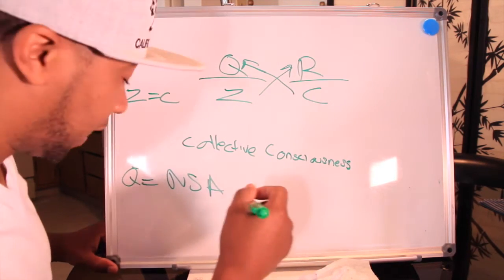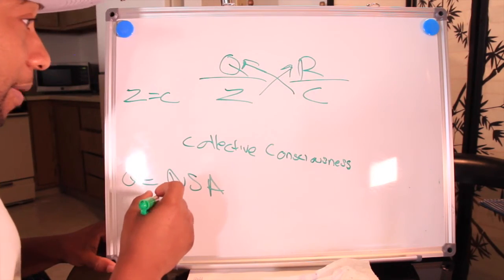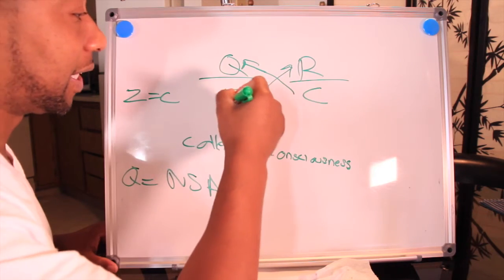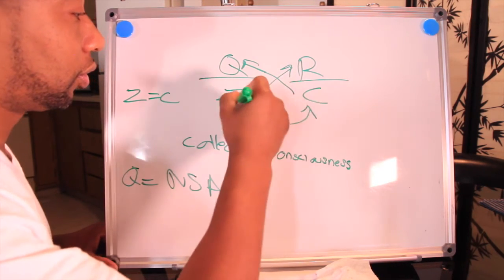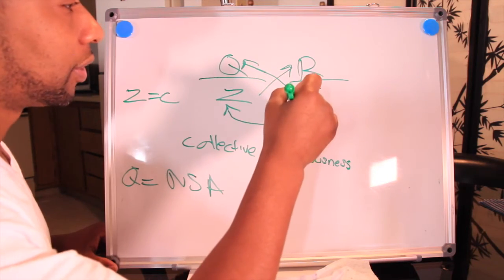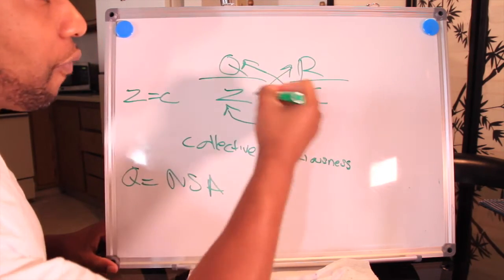The National Security Act. Q can equal that, because you're seeing that there are two common denominators that we see from two different formulas.